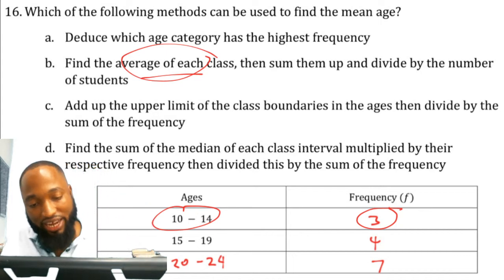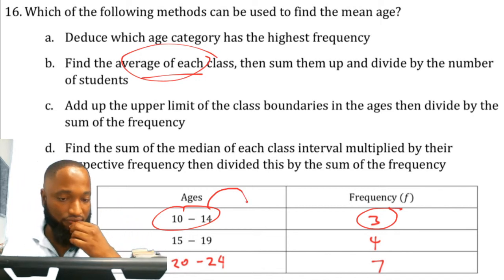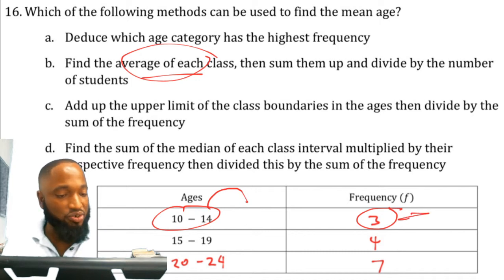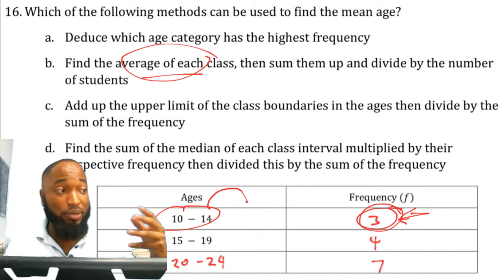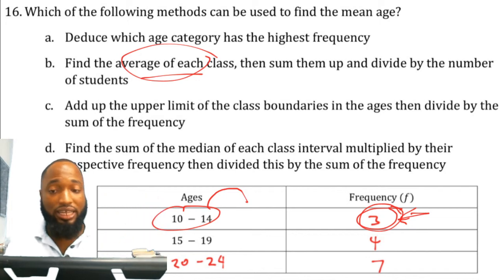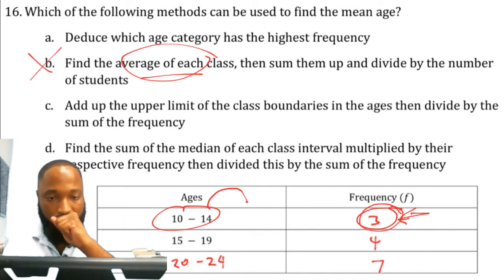Maybe you mean find the average of the 10 and 14, which is what you need to do, but that's not the average of each class. That would insinuate that you could find the average of these numbers here, but you don't know what these numbers are. You just know that there were 3 numbers between 10 and 14. They didn't specify what the numbers were. So the answer is not B. You can't find the average of each class.